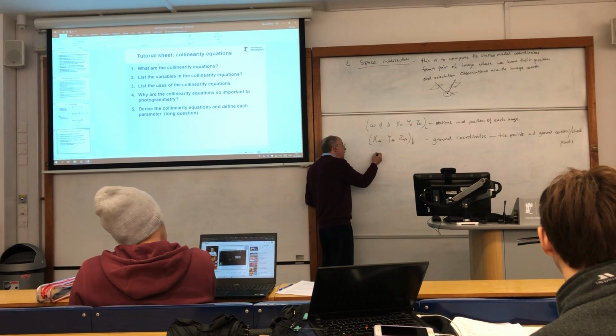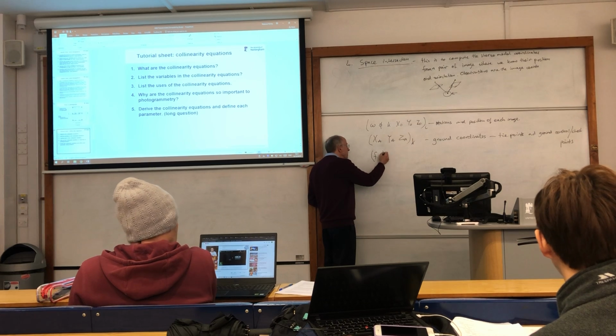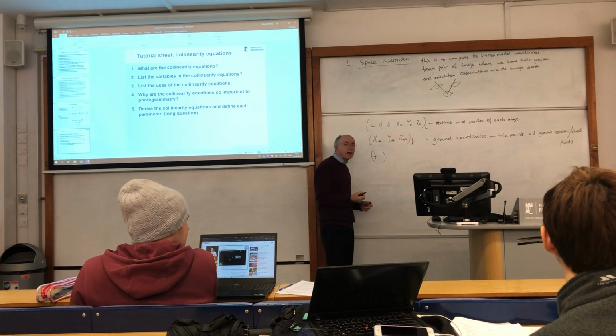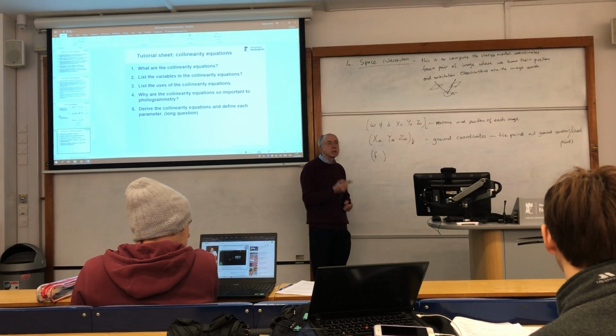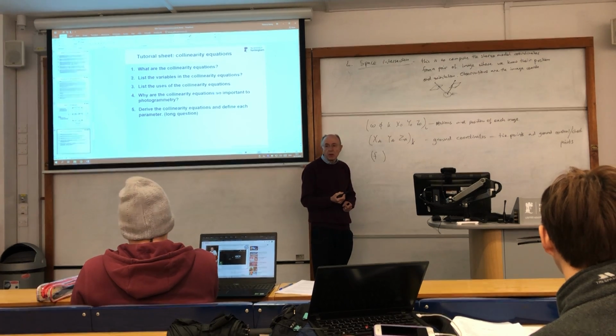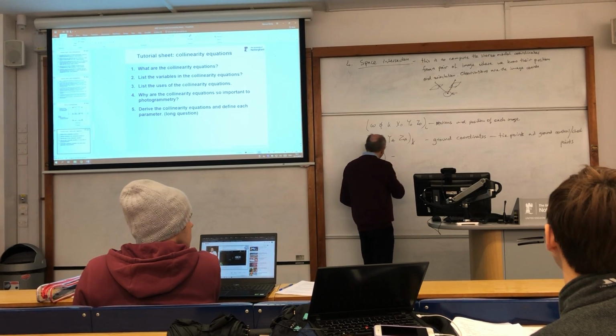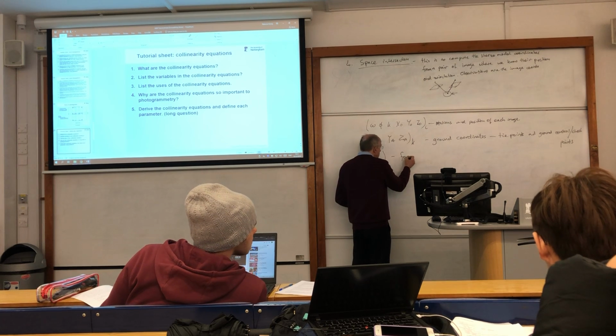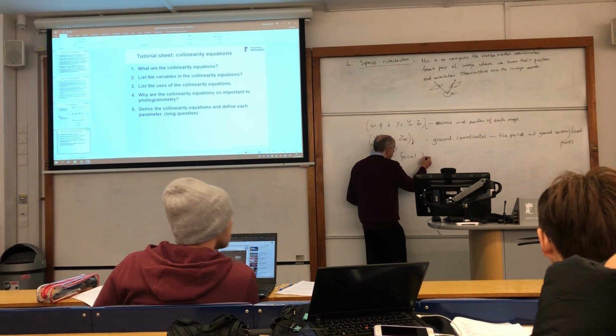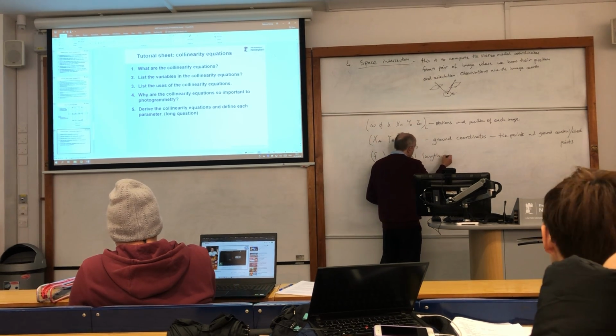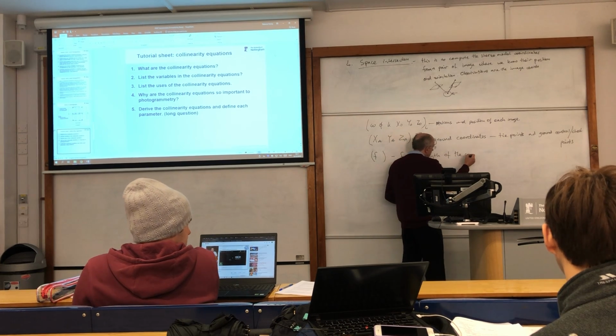Then we've got F. There would only be one F normally because the camera doesn't change during the flight. So there is F, which I'll accept as the focal length of the camera.